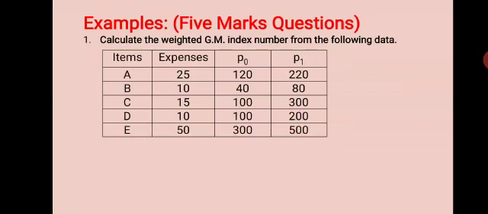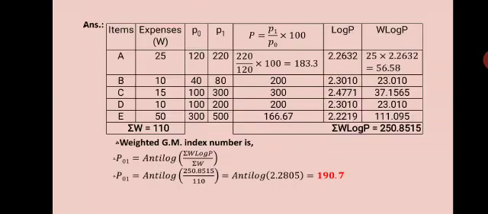P0 and P1, that is base year price and current year price, are given. So in the solution, first we are going to consider the expenses as the weights, that is W. Then base year price P0, current year price P1.